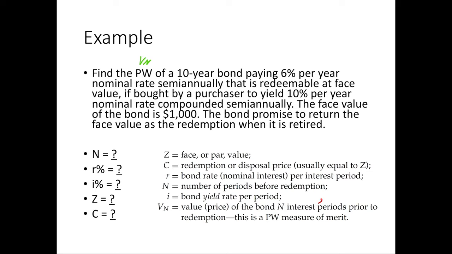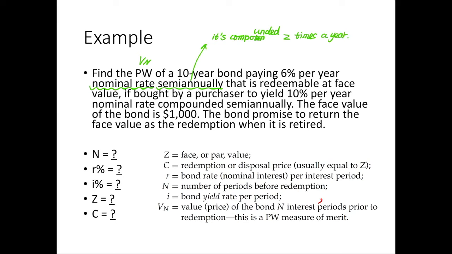So let's continue. It's paying 6% per year nominal rate. See, that's a nominal rate, so you don't want to use 6% directly. It's compounded semi-annually. Semi-annually means it's compounded 2 times a year.